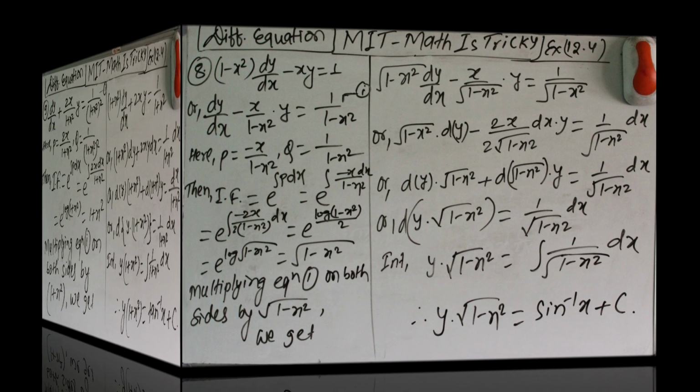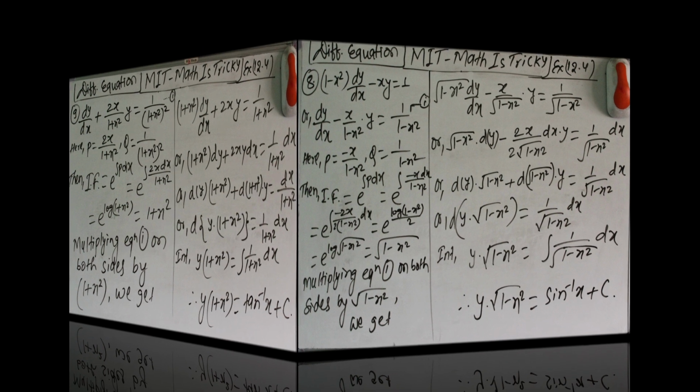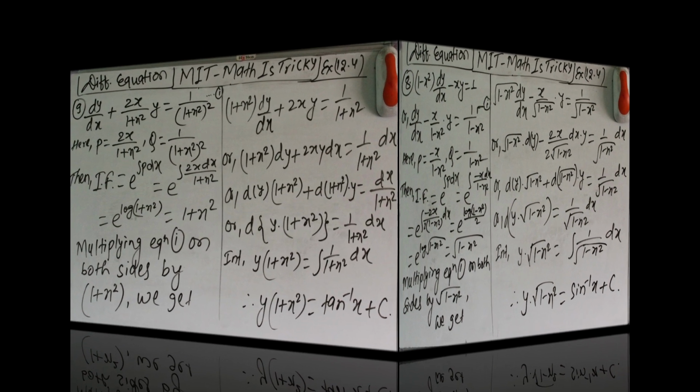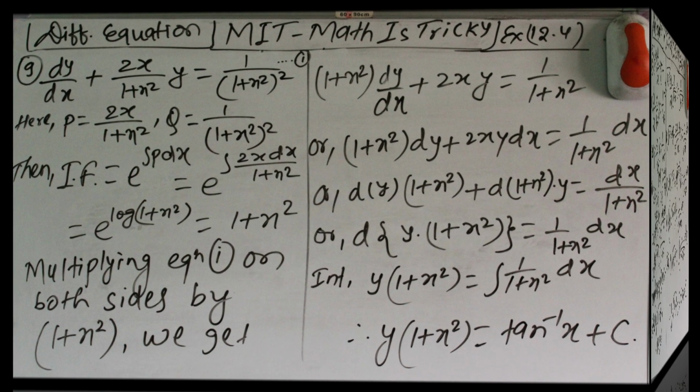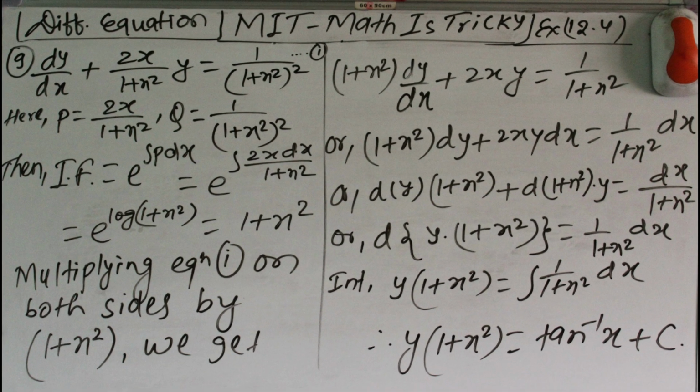Now let's move to question number 9. It is dy by dx plus 2x by 1 plus x squared times y equals 1 by 1 plus x squared whole squared. It is in linear form, so just by comparing we get p equals 2x by 1 plus x squared, q equals 1 by 1 plus x squared whole squared.